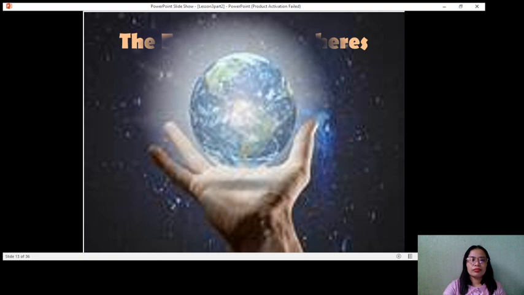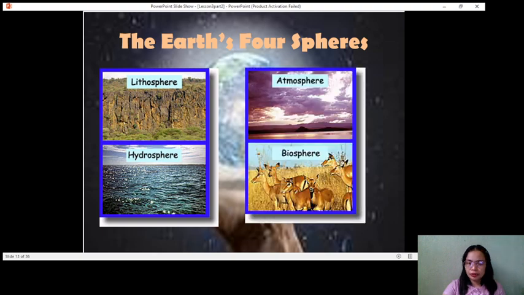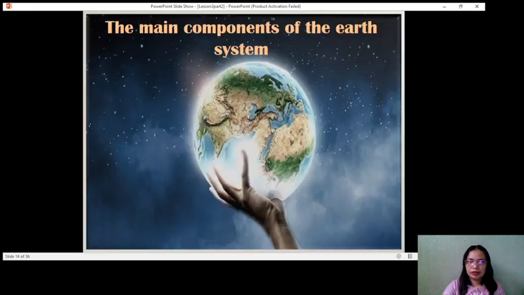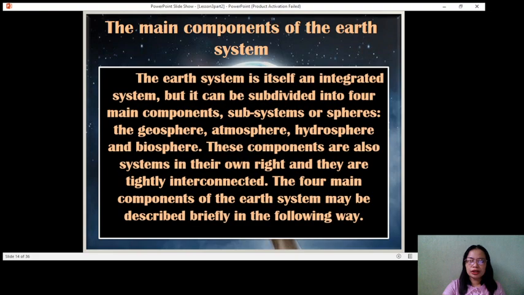The Earth's 4 spheres are the lithosphere, hydrosphere, atmosphere, and biosphere. The main components of the Earth system. What is the Earth system? The Earth system is itself an integrated system, but it can be subdivided into 4 main components, subsystems, or spheres.